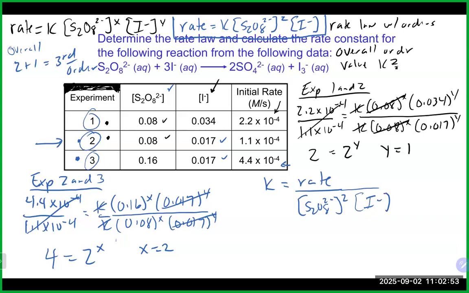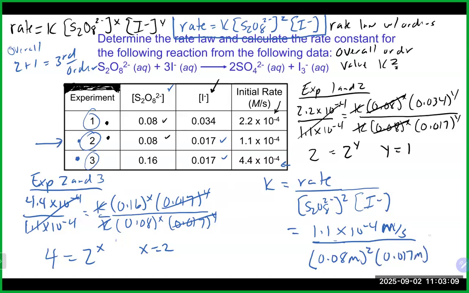Putting in all our values here from the second experiment, that's going to give us 1.1 times 10 to the minus 4 molar per second divided by 0.08 molar squared and 0.017 molar. And if we do that, it looks like 1.1 to the minus 4 divided by 0.08, squaring it, and divided by 0.017.